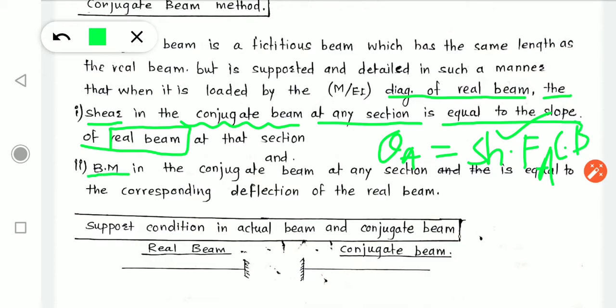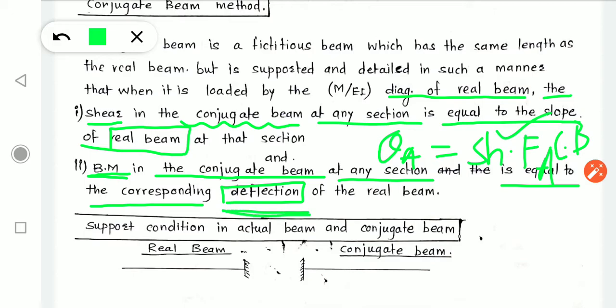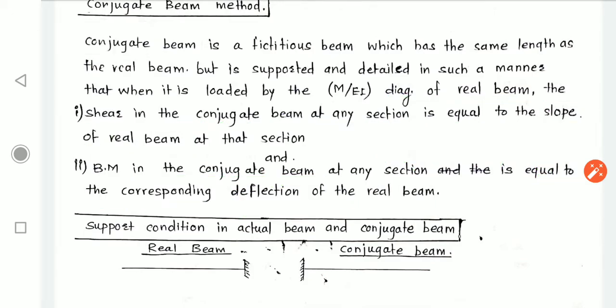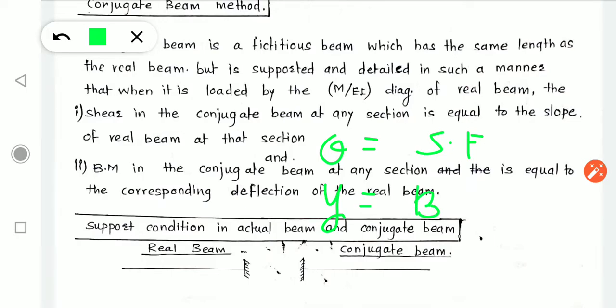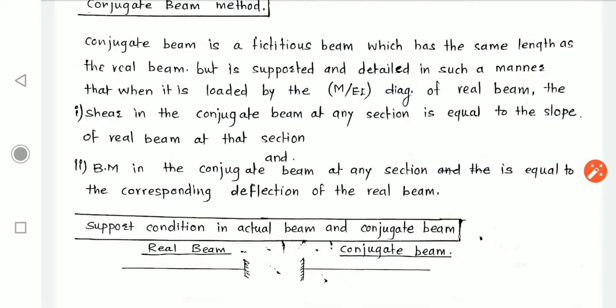Then if you want to know the deflection, the bending moment in the conjugate beam at any section is equal to the corresponding deflection of the real beam. Understood? If we want to calculate theta, we have to consider the shear force at that section. If we want to know the deflection y, then we should consider the bending moment at that section. That's what the conjugate beam tells us.